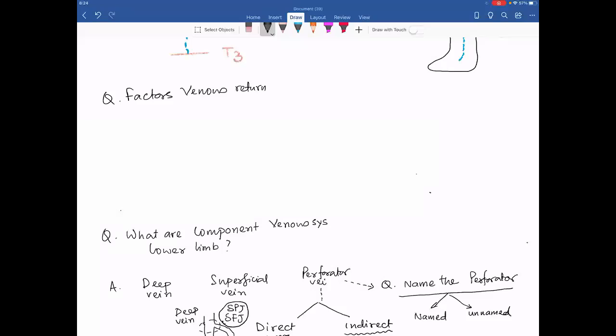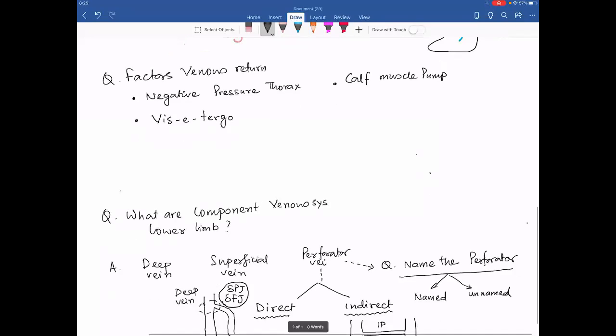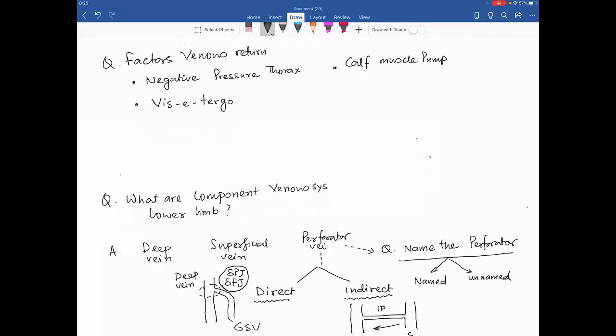The answer is number 1, negative pressure in the thorax. Number 2, calf muscle pump. Number 3, something called vis a tergo.